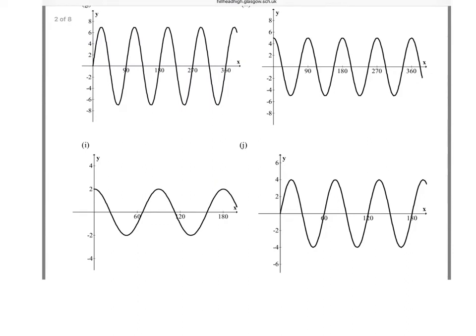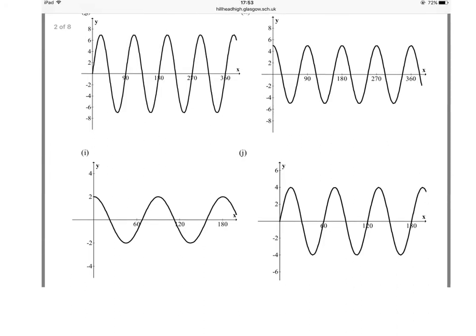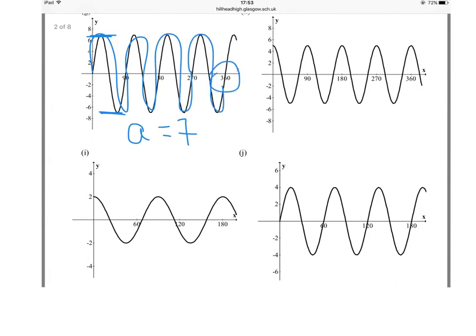Okay, so we've got some more sine and cosine curves. So the first one, it goes up to 7 and down to -7. That's a total height of 14, half that, and I get 7, A is equal to 7. There's 1, 2, 3, 4 complete curves in 360, B is equal to 4.